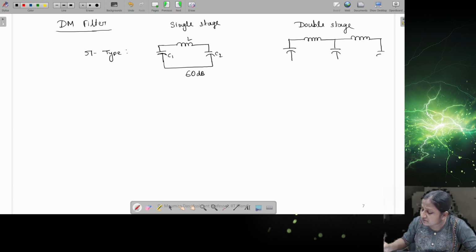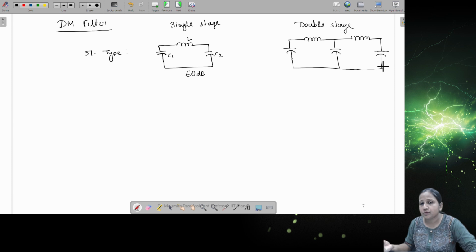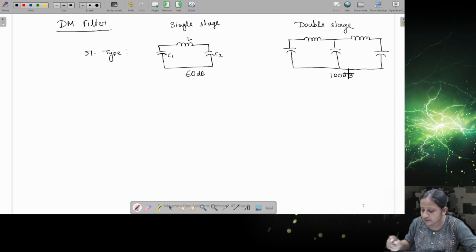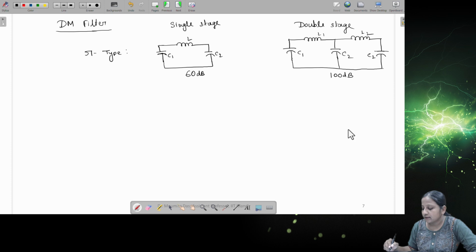It may happen that the noise level is very high for high frequency operation, so you have to use a higher attenuation level. So this provides attenuation of 100 dB. Obviously the values of C1, C2, C3, L1, L2 again you have to find out, right? Now this provides higher attenuation, this lower.